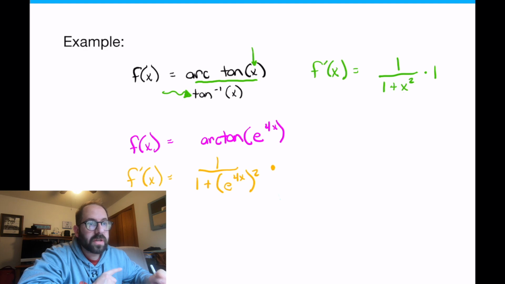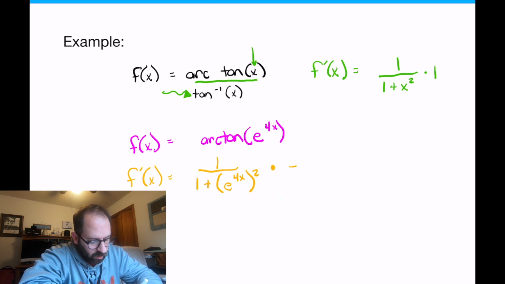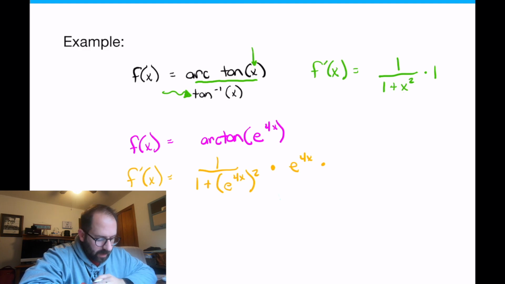So what is the derivative of e to the 4x? It's e to the 4x, and that's a chain rule, so there was something complicated in that power, so you multiply by the derivative of it, times 4. And that would be your final answer.